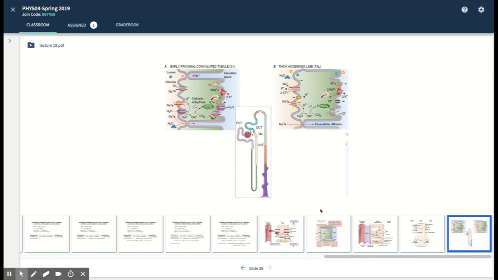There are some other channels that can have a role. The sodium bicarb co-transporter, because they're moving in the same direction, will play a role when we start talking about acid-base balance and how we can get in the proximal tubule bicarb to end up being produced and sent back into the interstitial space. Okay?